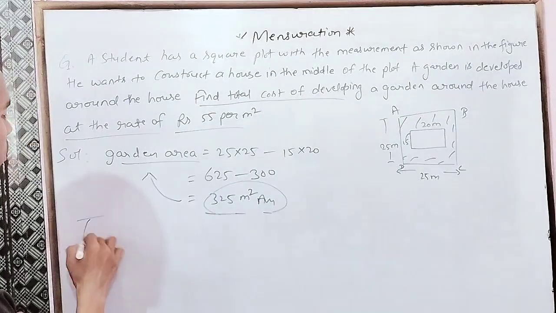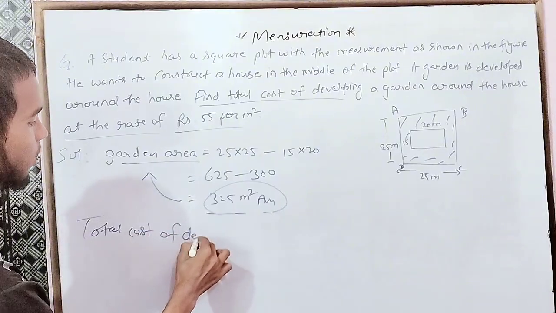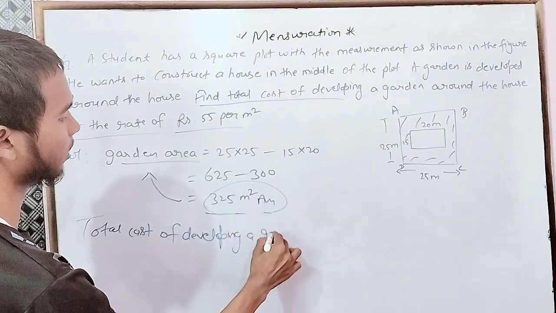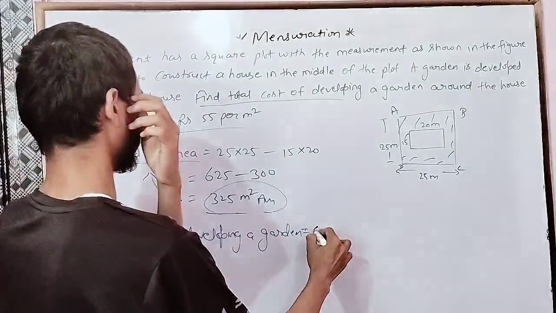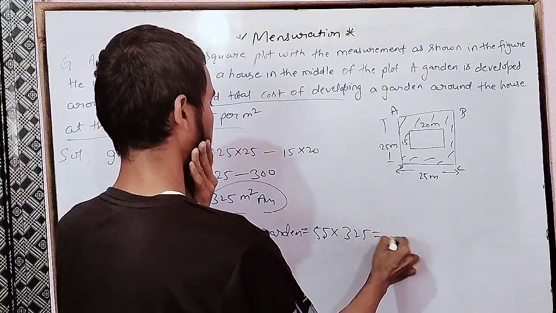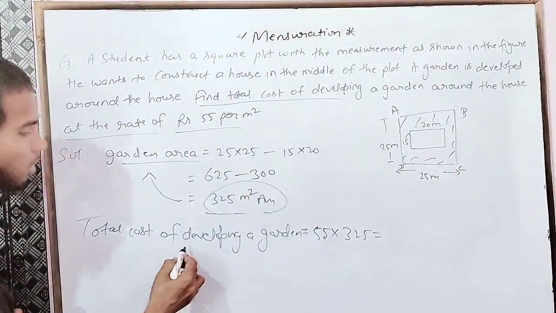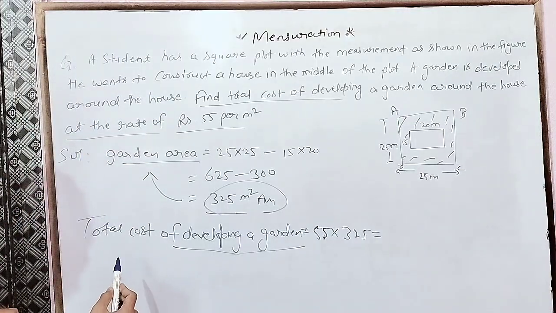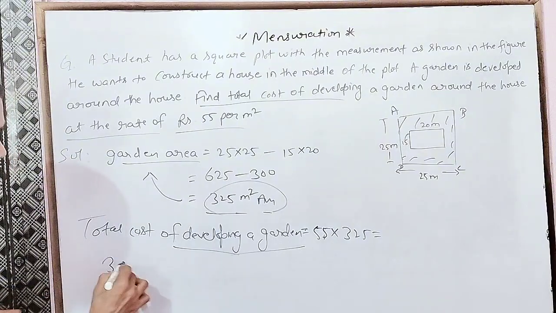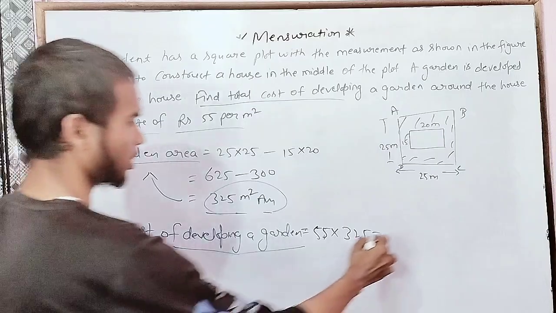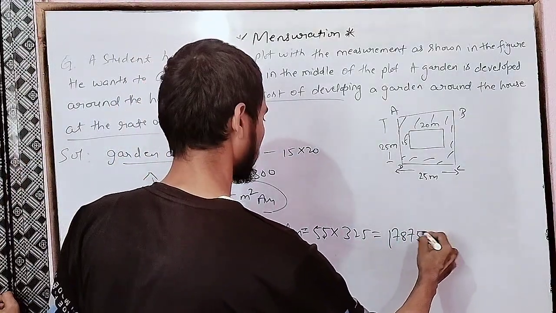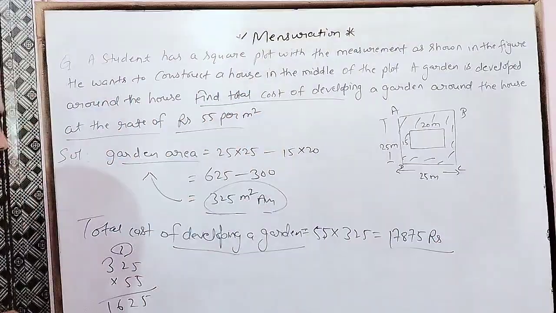Now at the rate per meter square, the cost per meter is how much? 55. So the total cost of developing a garden would be 55 multiplied by 325. 325 multiplied by 55, 5 5s are 25, 2 5 2s are 10, 12, 5 3s are 15, 16, and again the same: 5 2 6 1, 5 4 7, 8 7 1. This is the cost, not the area.